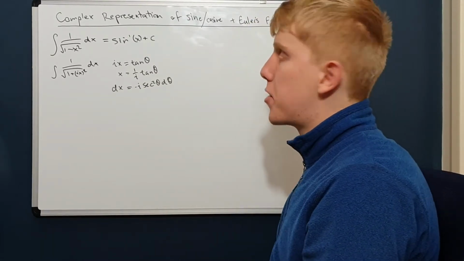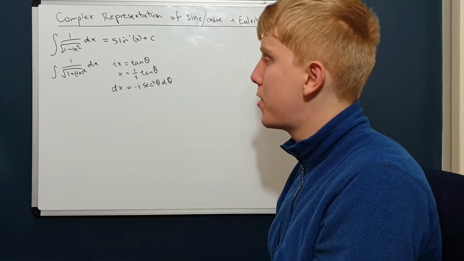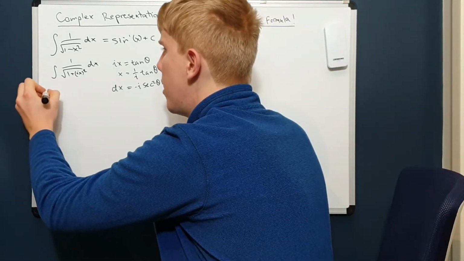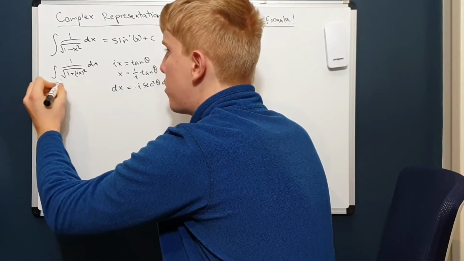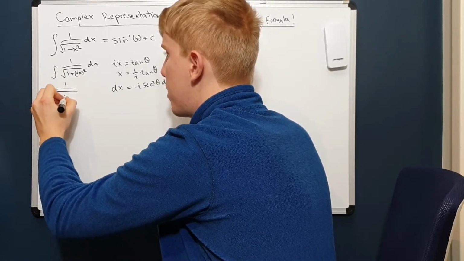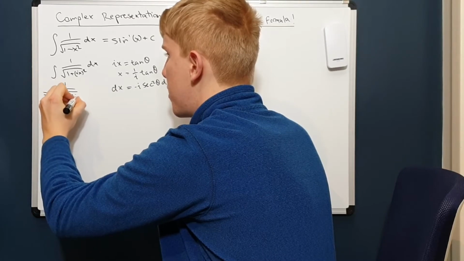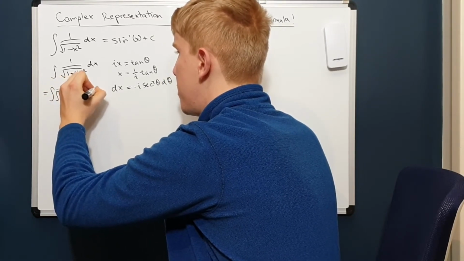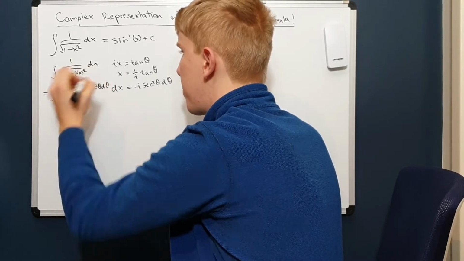Okay. So let us now substitute in these expressions and change our integral into our new variable theta. So we're going to have the integral of 1 over the square root of 1 plus tangent squared theta multiplied by negative i secant squared theta d theta.